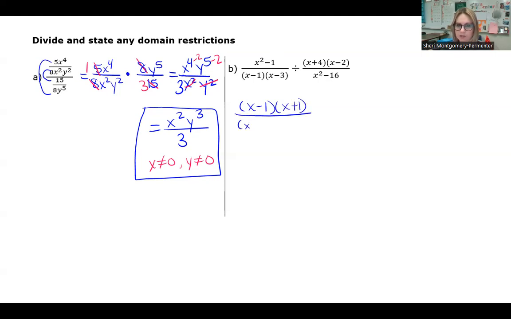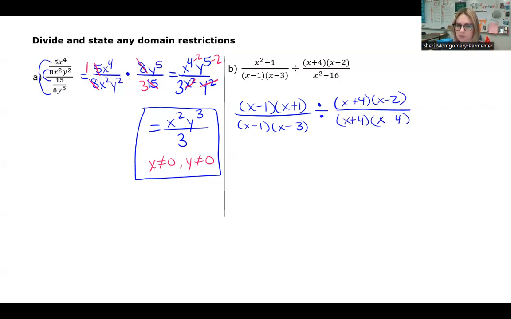The denominator is already factored. The numerator of the second one is already factored. This is another difference of perfect squares. 16 is the same thing as 4 squared, so I put a 4 and a 4.